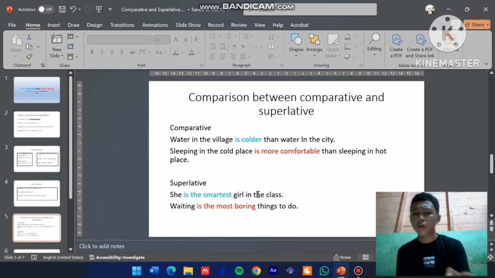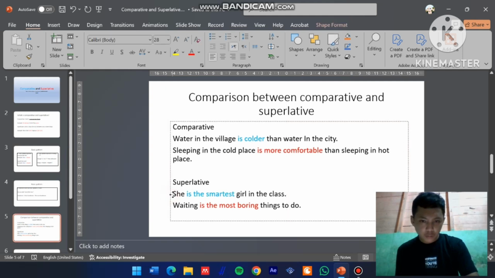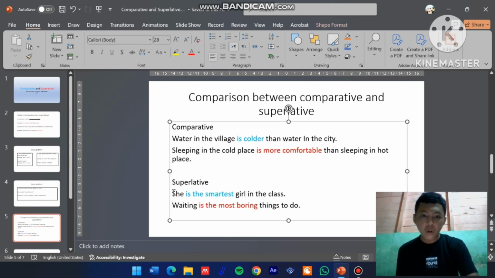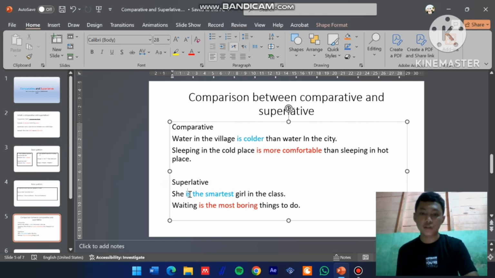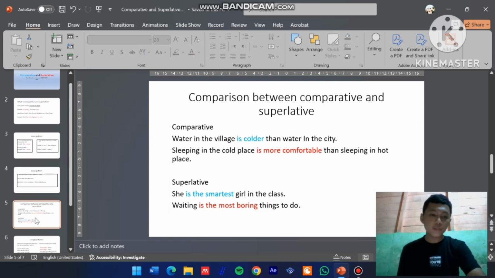She is the smartest girl in the class. We compare one girl to all other girls in the same class. So we compare one to all the others. And next, waiting is the most boring thing to do. Like what we have learned before, we use the most for adjectives of more than one syllable, like boring. It's not one syllable, so we add the most.